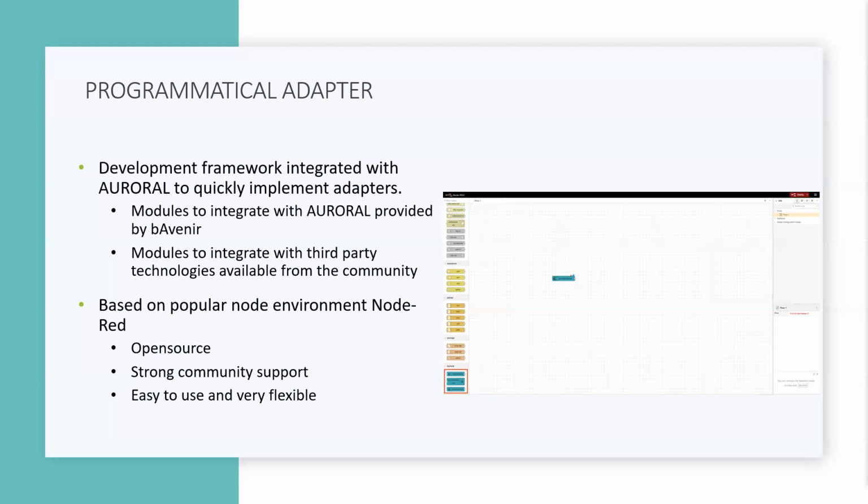We chose a popular node development environment, Node-RED, where you can code just by dropping boxes. And also we created, this image is not so visible, but when you install the programmatical adapter, that, by the way, will be possible to install just by using the Node CLI, like we presented 2 weeks ago, these 3 boxes on the bottom left side will be ready for you to drag and drop.